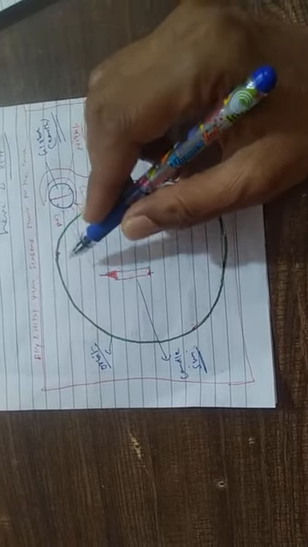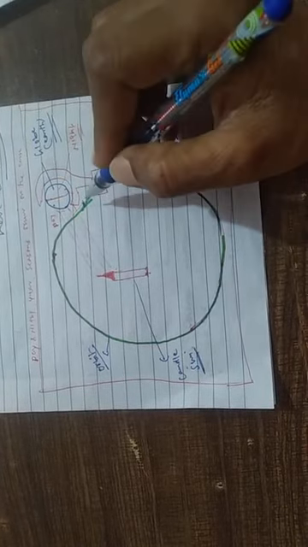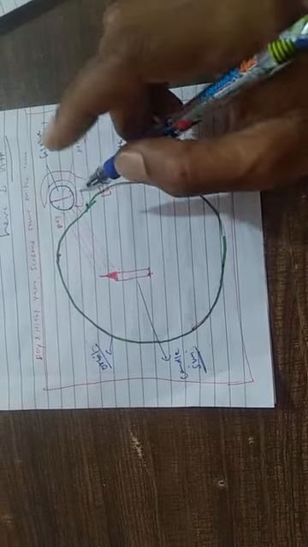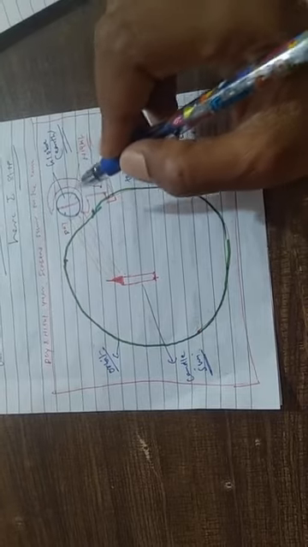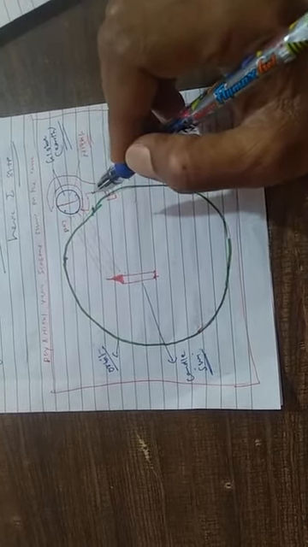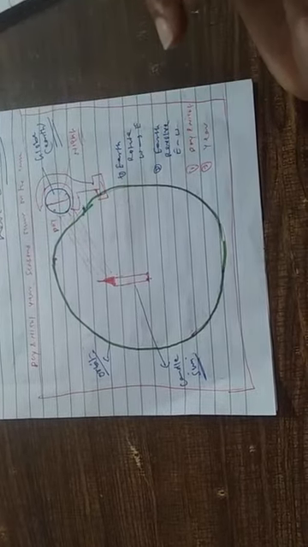It means the revolution of the earth: when the earth revolves around the sun and completes one circle, that is called 1 year. And for that the earth takes 365 days 6 hours to complete one revolution. It means in 1 year there are 365 days 6 hours.